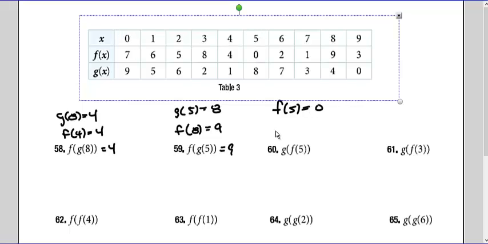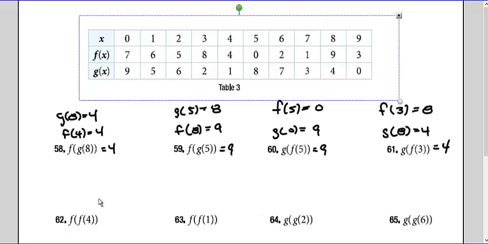Then we do g of 0. g of 0 is 9. Okay, f of 3. f of 3 is 8. g of 8 is 4.